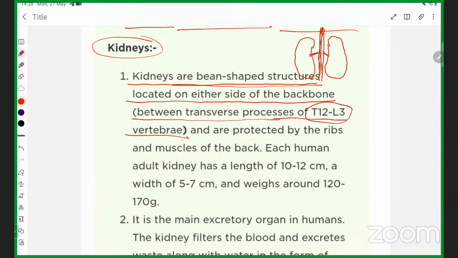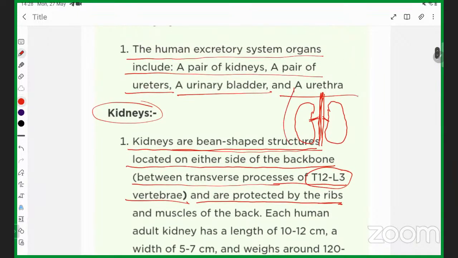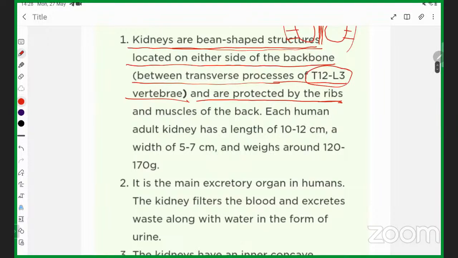So between the T12 and L3 vertebrae, and they are protected by the ribs. These kidneys are protected by the ribs, students. This is properly protected by the ribs, right? And it is also protected by the muscles of the back.